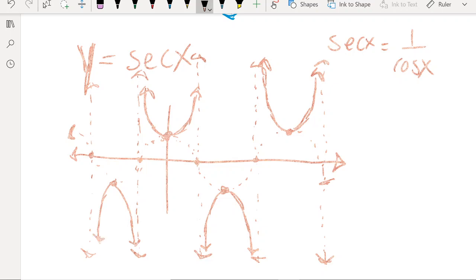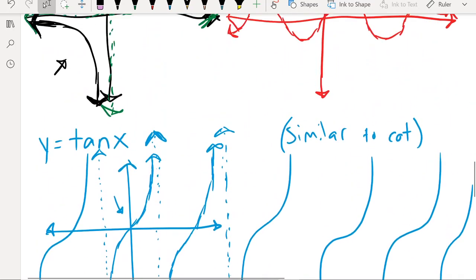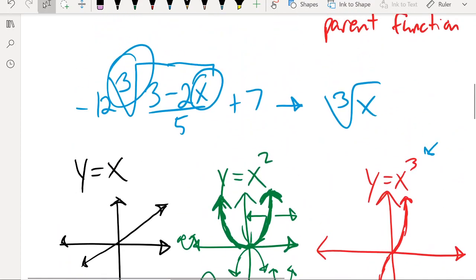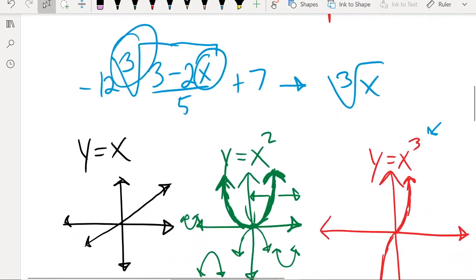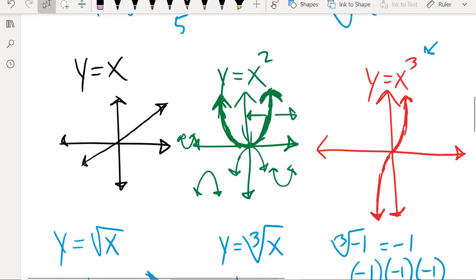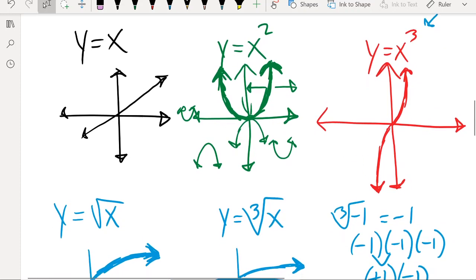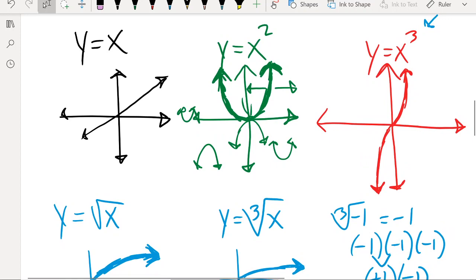Those are some of the most important parent functions to remember. Okay, and I kind of did them in order of importance, starting with most and kind of going towards least. Not in a for sure way, because I do think some of them could be more important than others, and I didn't do them all precisely in order.